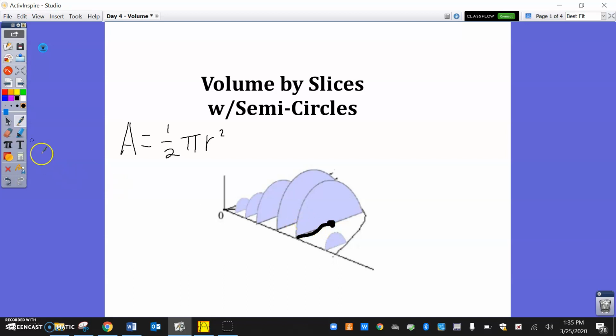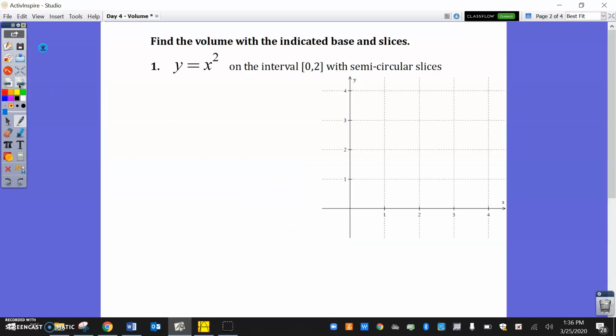My radius this time isn't the length all the way up to the top of my graph. It's just going to be half of it. When we work through the first example, we'll talk about how to set up the length for the radius.